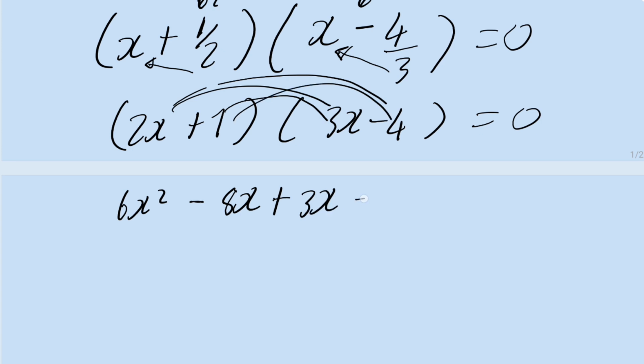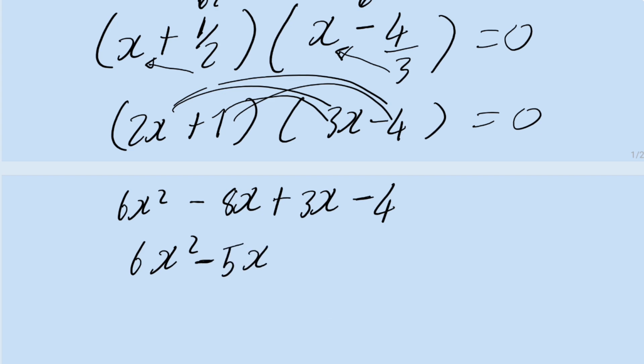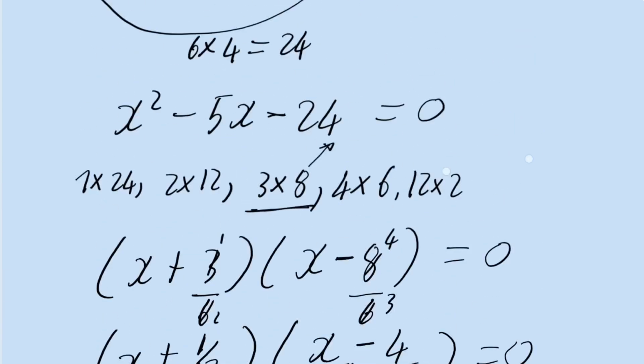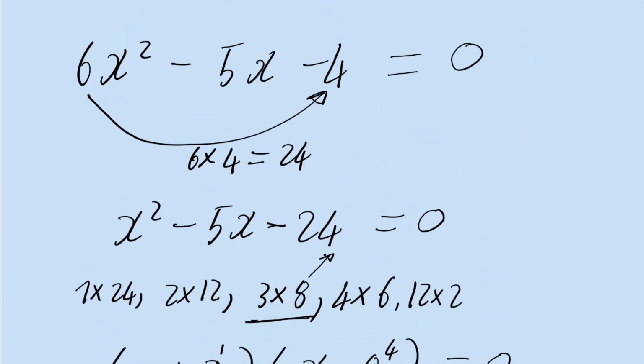And 1 times negative 4 gives us negative 4. Negative 8x plus 3x will give us negative 5x. So we have 6x squared minus 5x minus 4. You see that we have simply boiled down back to our first equation.